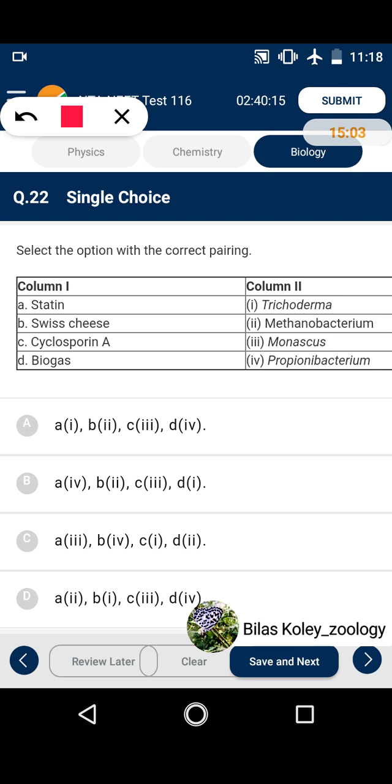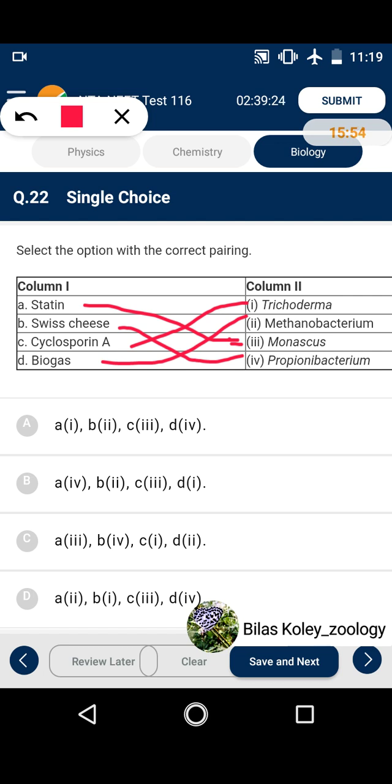So, statin will go with Monascus, Swiss cheese will go with Propionibacterium, cyclosporin A will go with Trichoderma, and biogas with Methanobacterium.